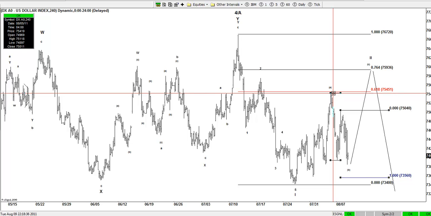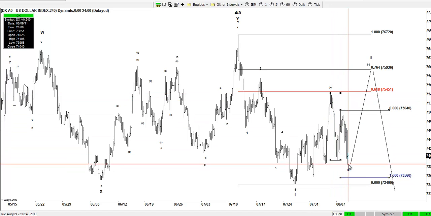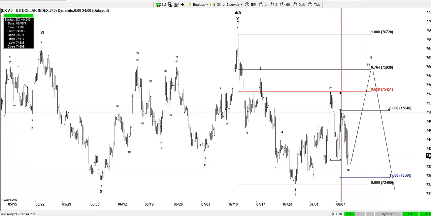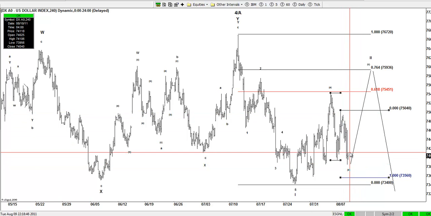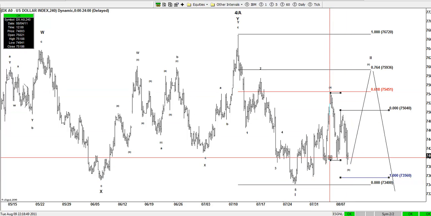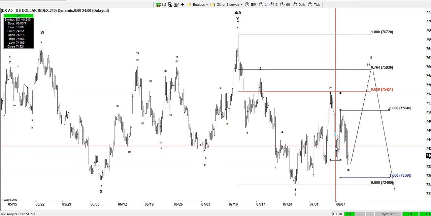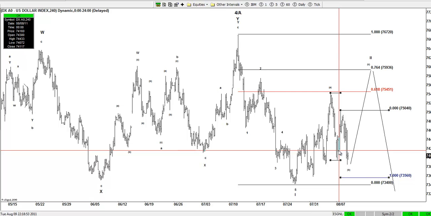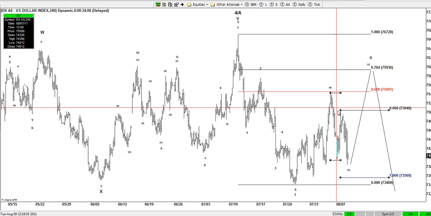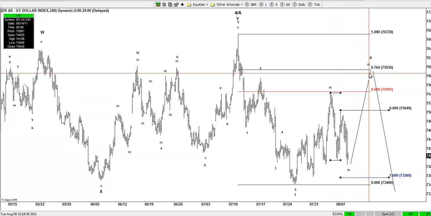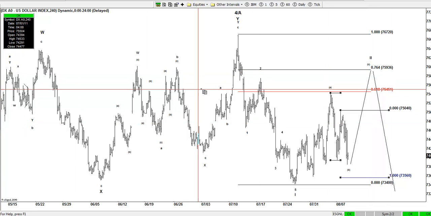But seeing how these declines come around, I see 9 waves here and we need 11, because this was also corrective. If that's the case, we're going to label this as an A and then a B and a C way higher in the dollar. That's what we believe can take place.